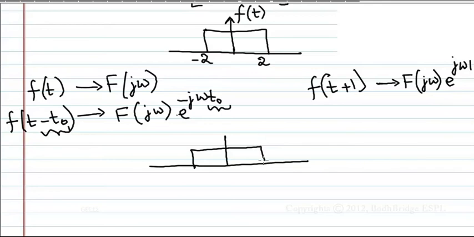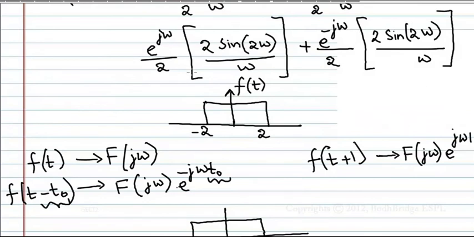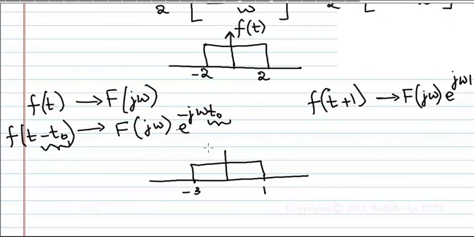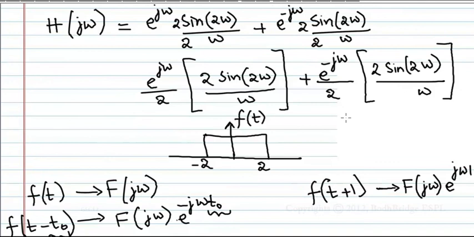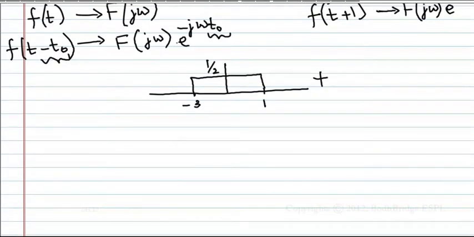That means it will go from minus 3 and this goes to 1. That is what it is saying. One shift delay. But because of 1 by 2, this goes to 1 by 2 magnitude. Plus next this one. Here minus j omega means f of t minus 1 you will get here, and because of 2 you will get by 2.